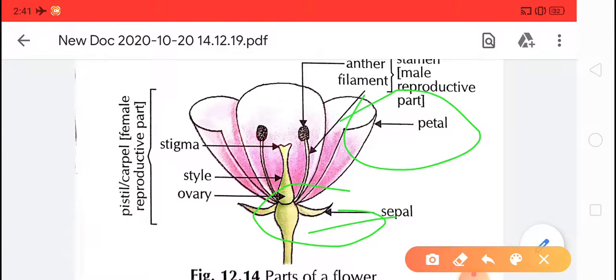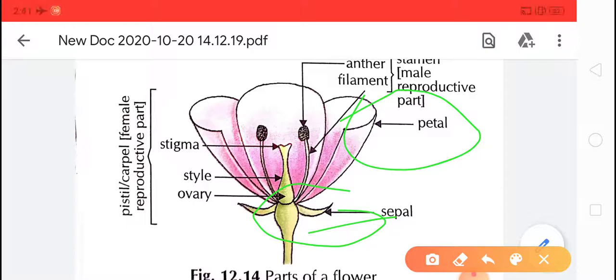Petals, the function of petals is that they attract pollinators. They attract pollinators because the petals contain sweet juices, so pollinators like honeybees and other insects come towards the petals and help in pollination. Pollination we will discuss in the upcoming slide, don't worry.